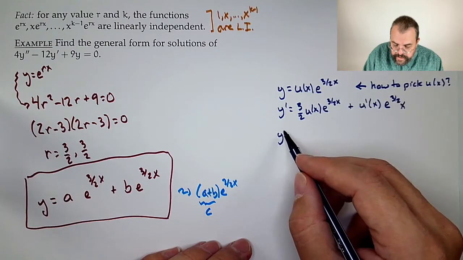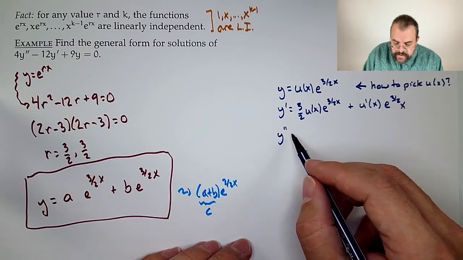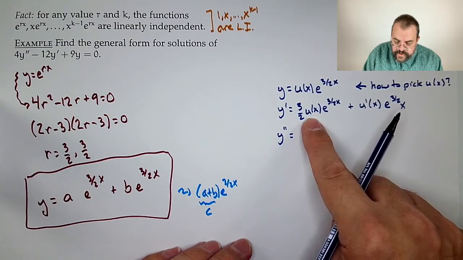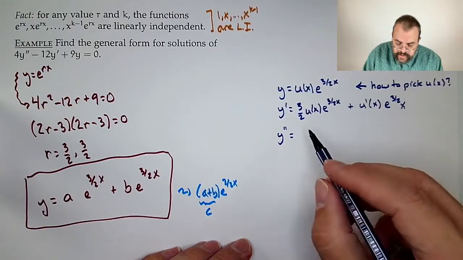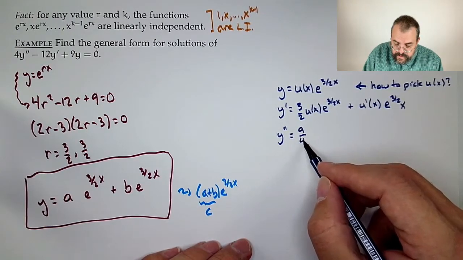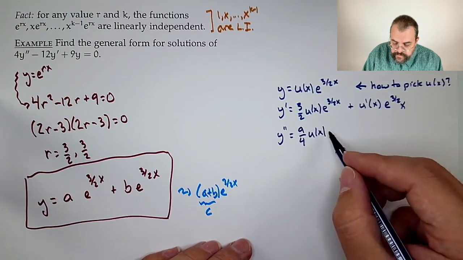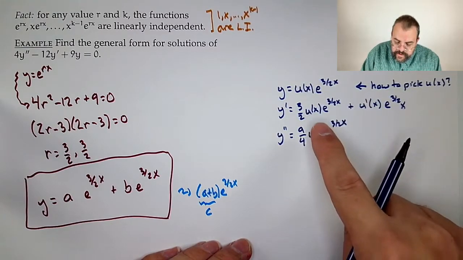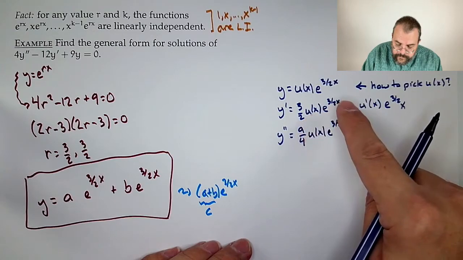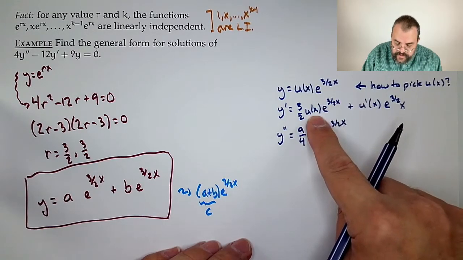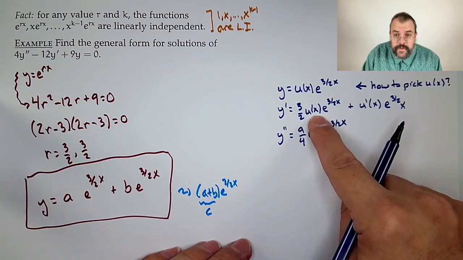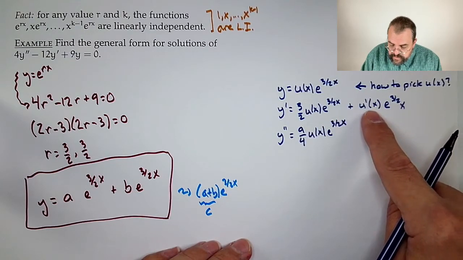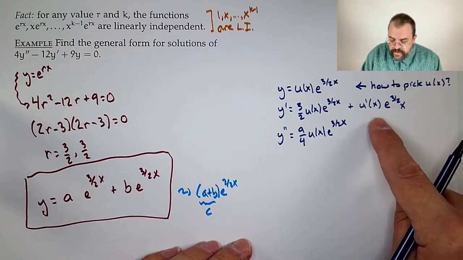If we look at y double prime, again, leave the first alone, get rid of the second, so that would give us 9/4 u of x, e to the 3/2 x. And now the next term, we leave the second alone, take care of the first, so we'd have 3/2 u prime, e to the 3/2 x. But notice here, if we leave this alone, we'd also have 3/2 u prime.